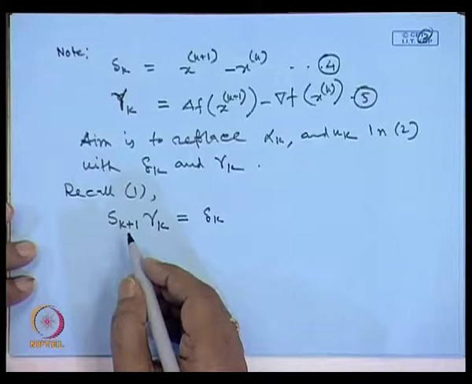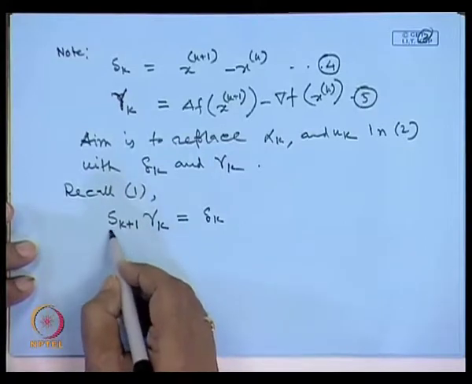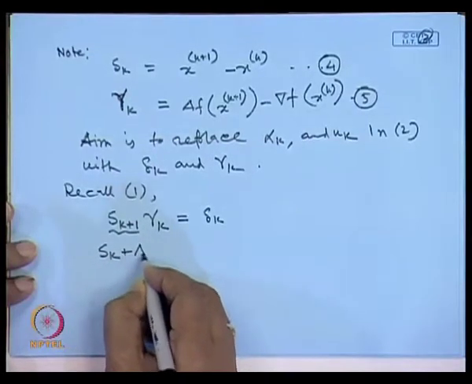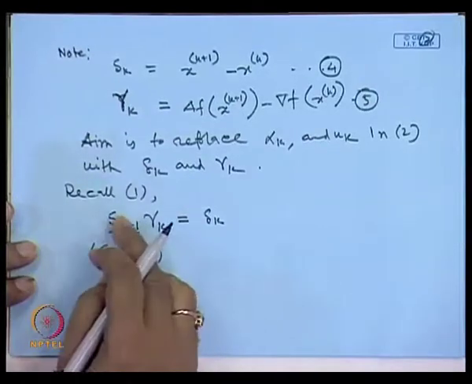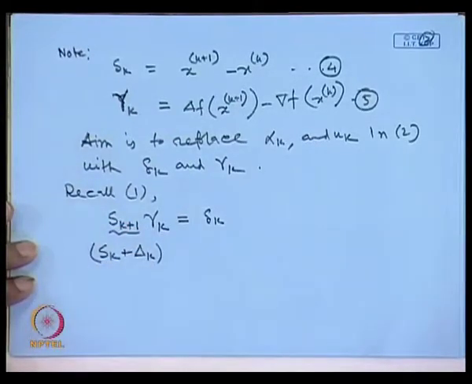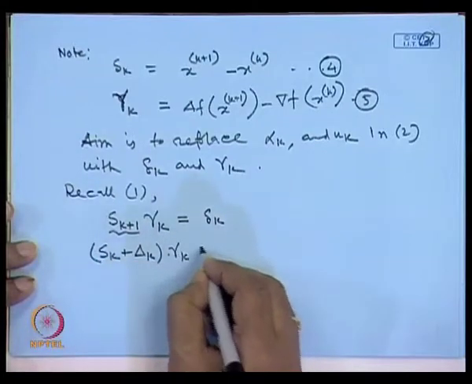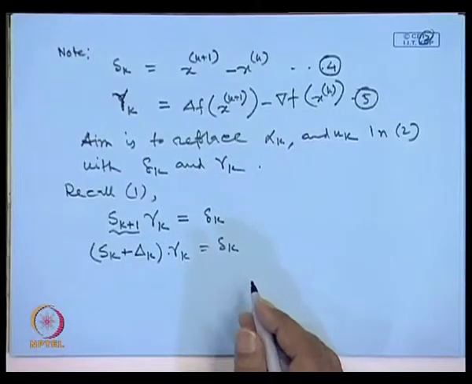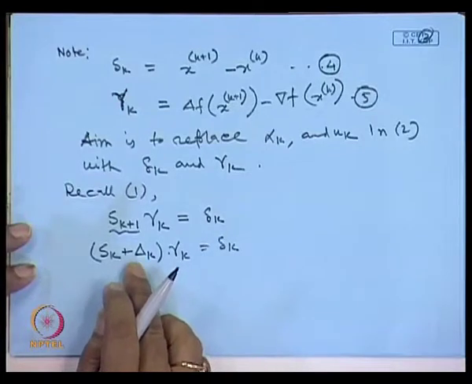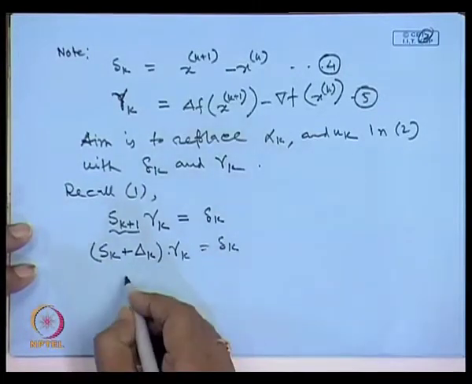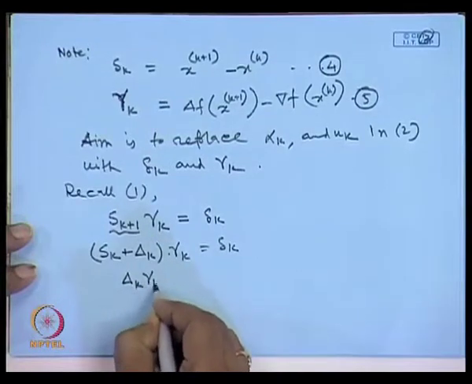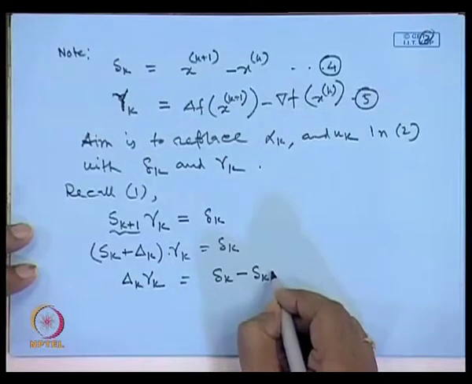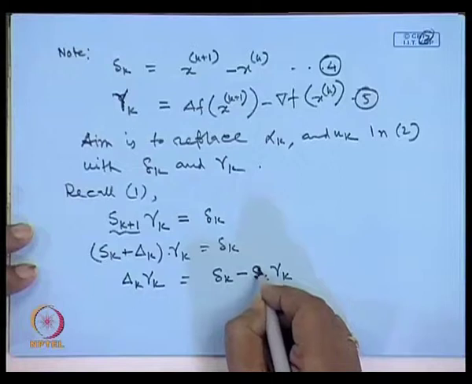Now, what is x k plus 1? I can write it as x k plus delta k, that is what we have considered, into gamma k is equal to delta k. Agree? Now if I take x k gamma k to the right hand side, I can write delta k gamma k is equal to delta k minus x k into gamma k. This is x k.